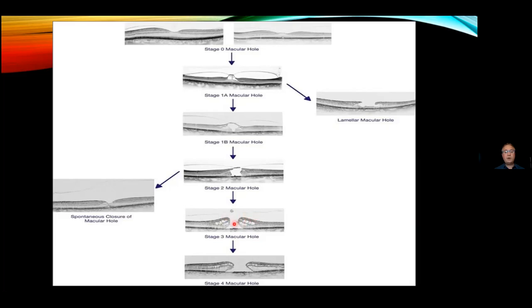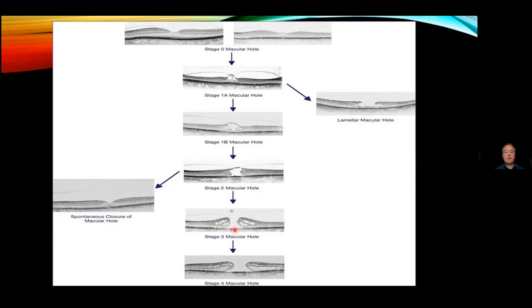Stage 3 macular hole is where a full thickness part of the retina has been pulled off. So there you can see some retinal photoreceptors and ganglion cells that's there with a gap in the retina. So the light is focused on bare choroid and pigment epithelium.